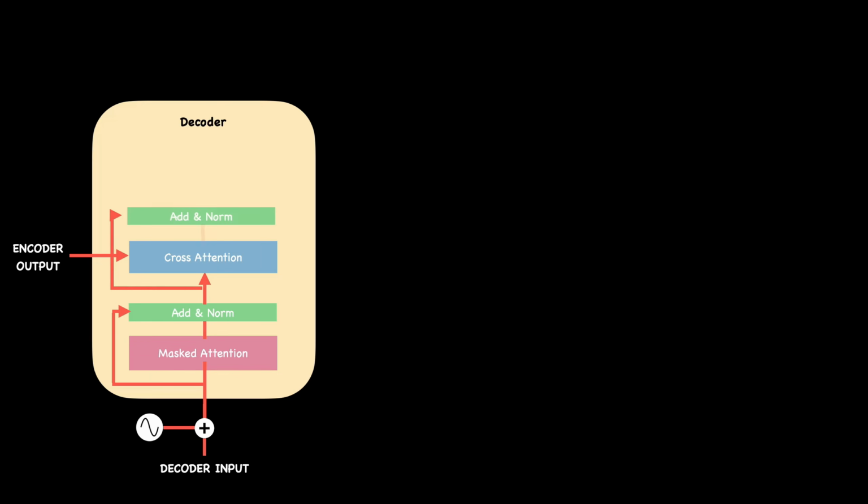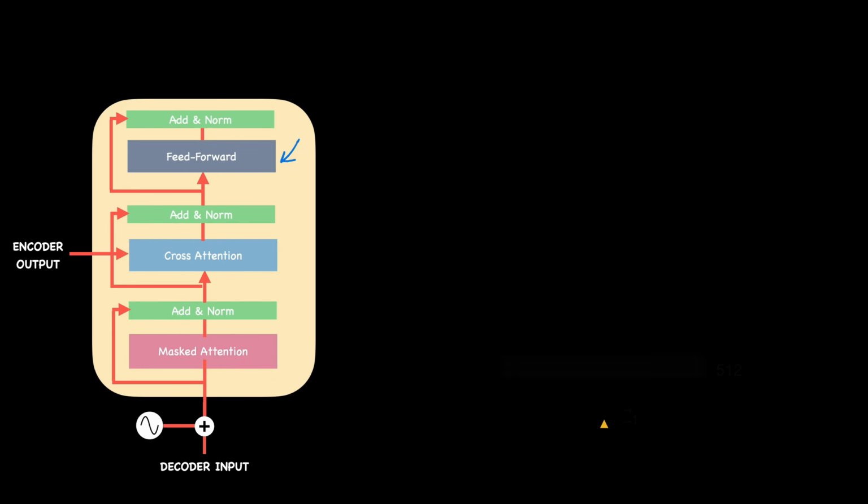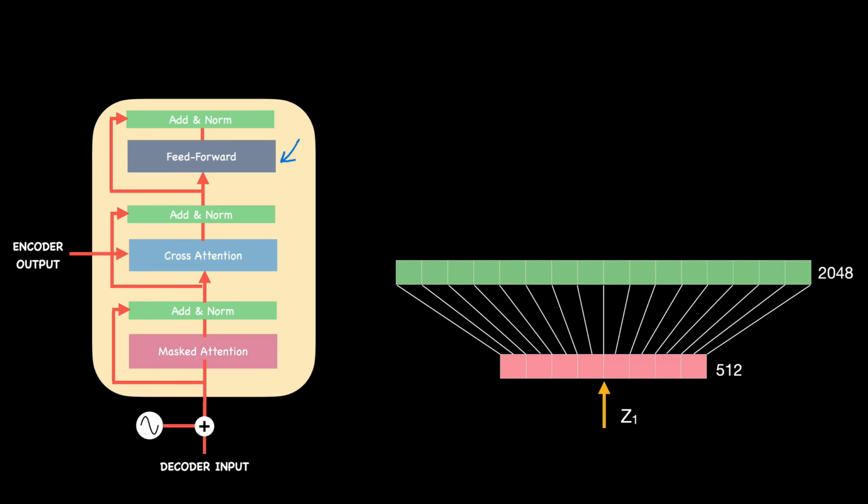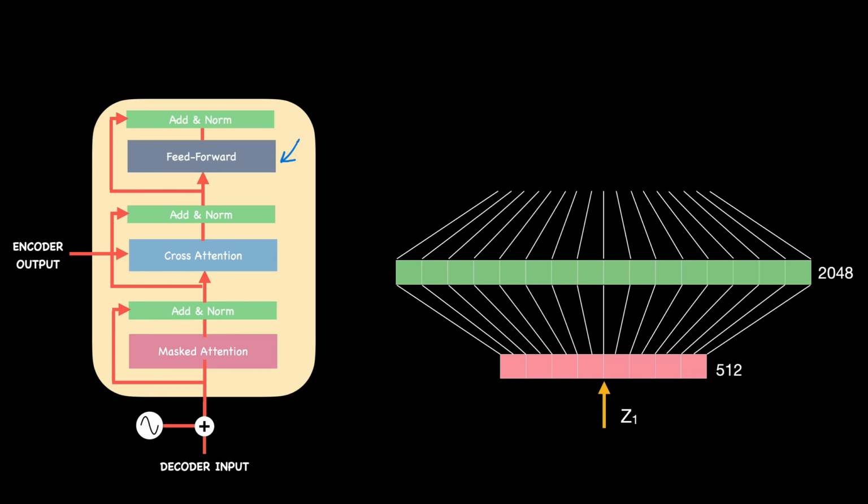After cross attention, we have another add and norm layer to stabilize the training. This is followed by a feed forward network and another add and norm layer. This feed forward network takes in a 512 dimensional input, expands it to a higher dimensional input like 2048, and then reduces it again back to 512 dimensions.